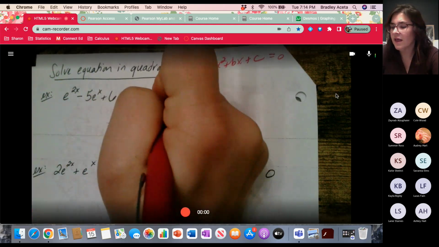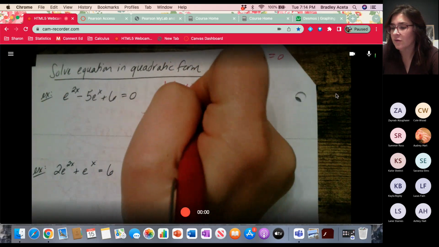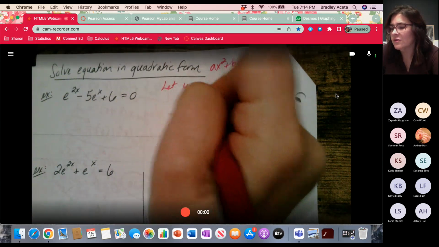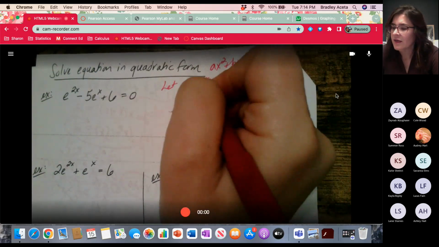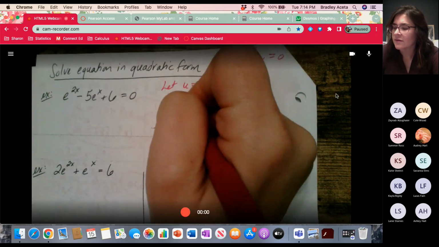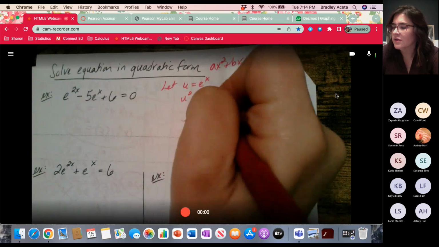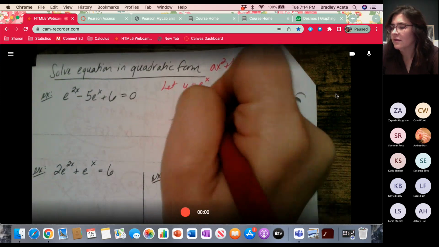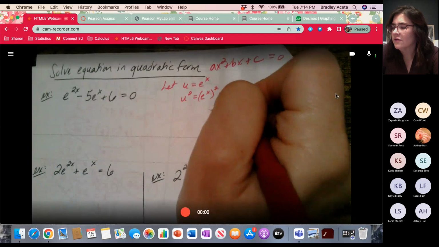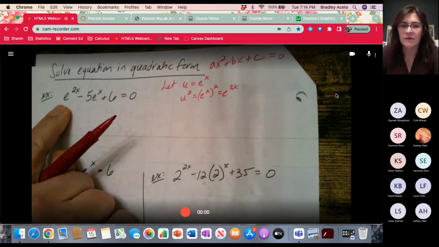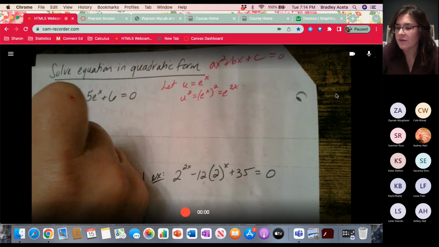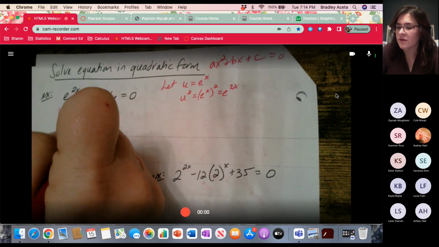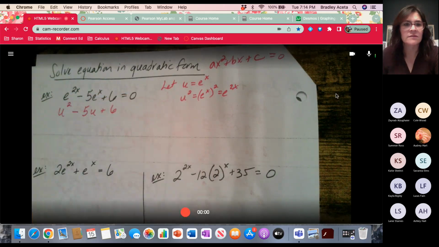If I let u be e to the x and I square both sides, u squared would be e to the x squared, or e to the 2x. So this is really u squared, this is really my u, and this is plus 6.